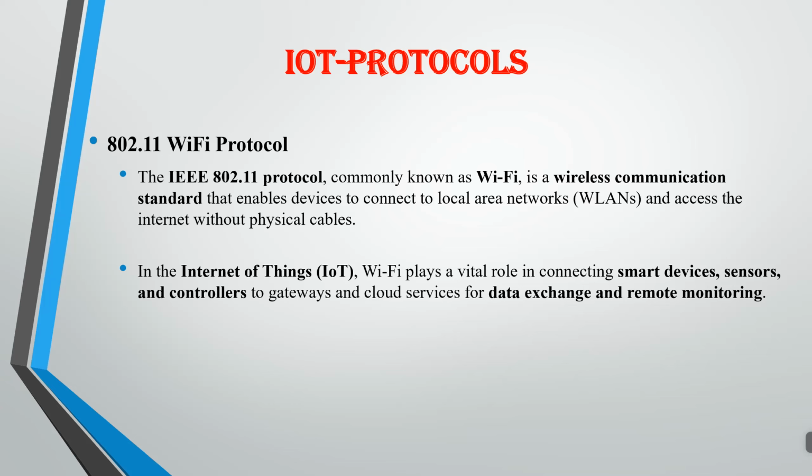Communication is as usual as described in the previous case, but in this case no physical cable is used. Everything works wirelessly, and Wi-Fi plays a very important role in connecting smart devices, sensors and controllers.